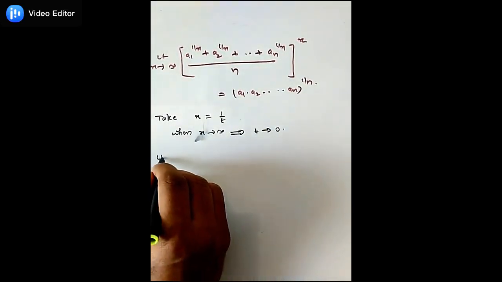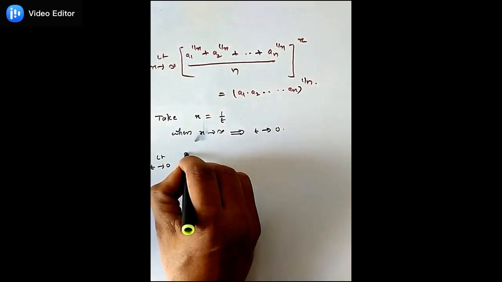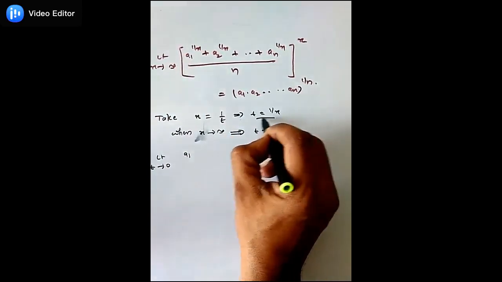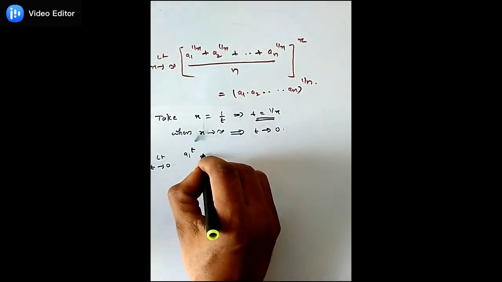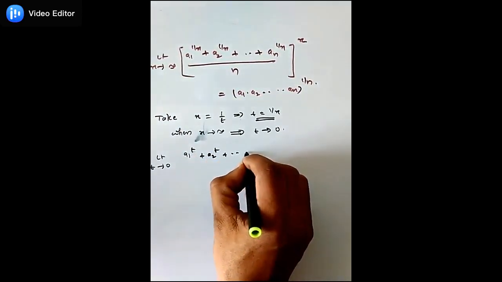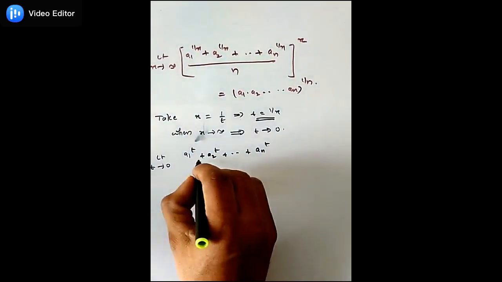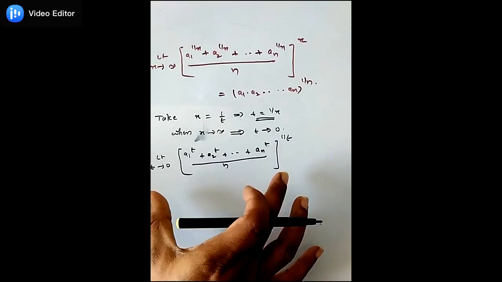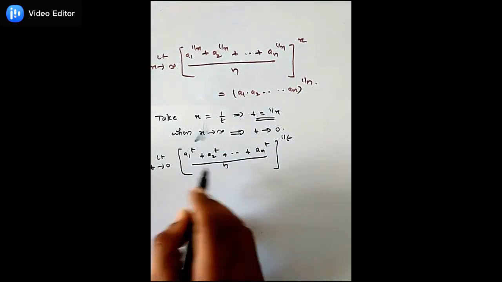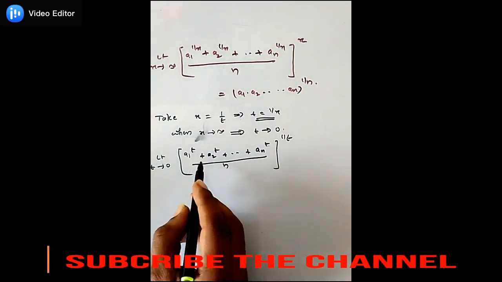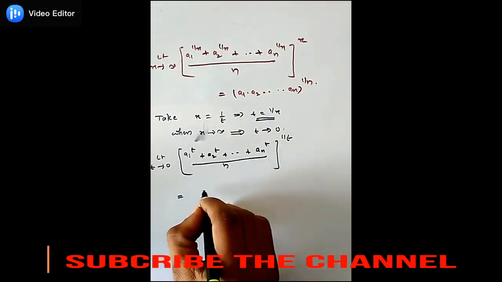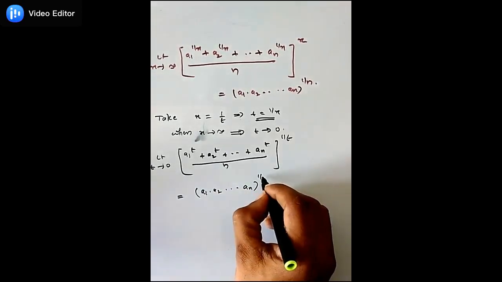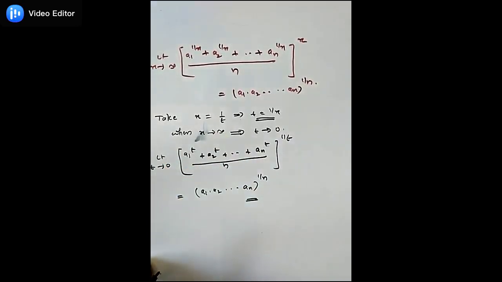Now the problem changes to the limit as t tends to 0 of (a1^t + a2^t + and so on + an^t) / n, whole to the power 1/t. If you see, this is in the form of the previous question, the limit as x tends to 0 of a1^x, a2^x and so on. So we can write directly (a1 · a2 · and so on · an) to the power 1/n by using the previous result.